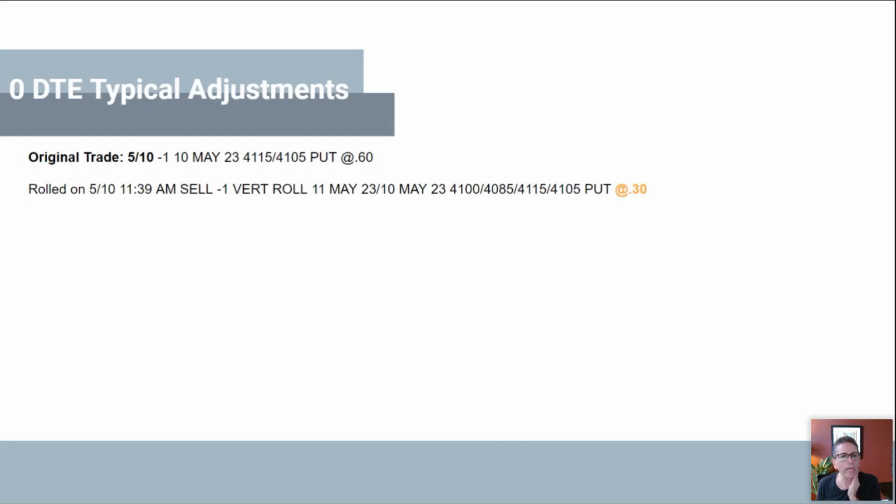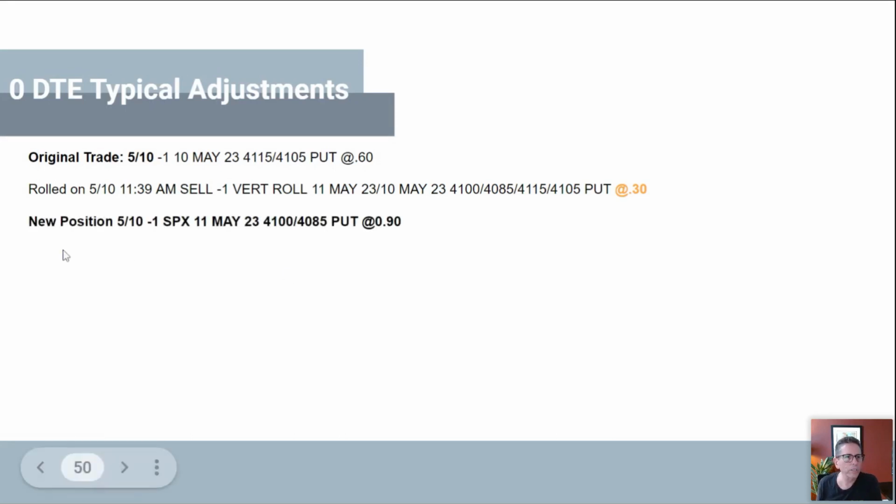Now you can see here that this was a 10 wide, and now it's a 15 wide, okay? So we widened the trade because I wanted to push it down further, and we got a 30-cent credit. So now we have a 41.00, 40.85 for a 90-cent credit. So we added the 30 cents to the 60.